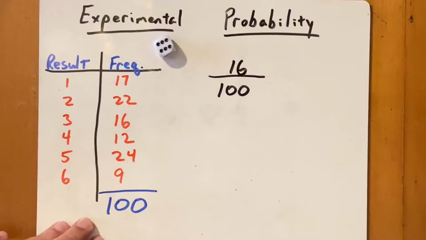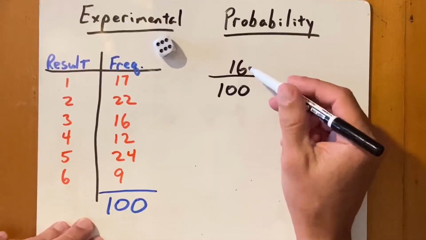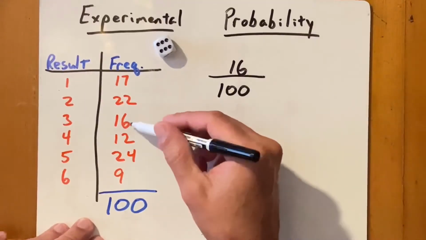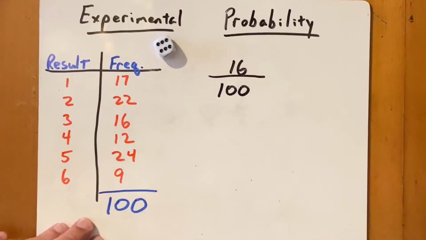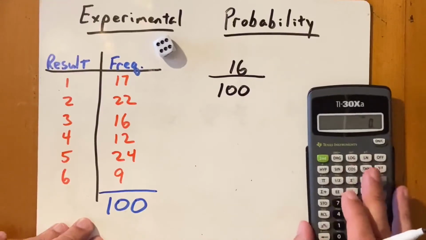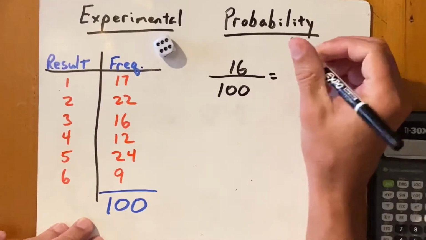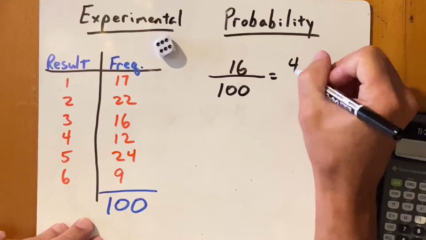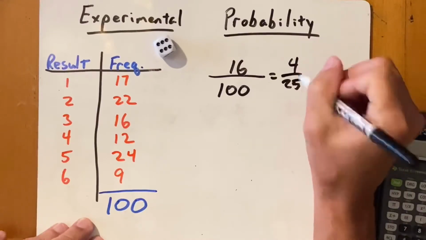So I'm going to say that the probability of it coming up is 16 out of 100, because that's what happened in my experiment. Then I could simplify the fraction, and in this case it would reduce to 4 over 25.